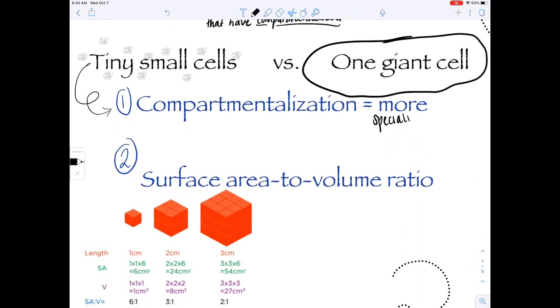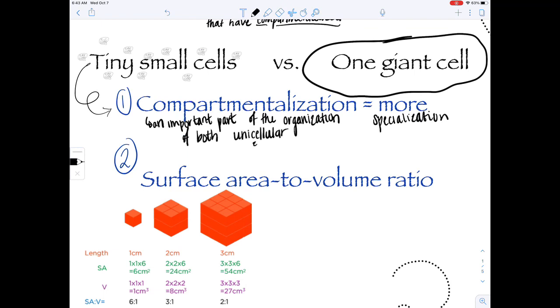were compartmentalized. All right, next thing we're looking at is why is it better to have tiny small cells instead of just one giant cell? So these tiny cells are going to be better than the one giant cell because we can have compartmentalization.